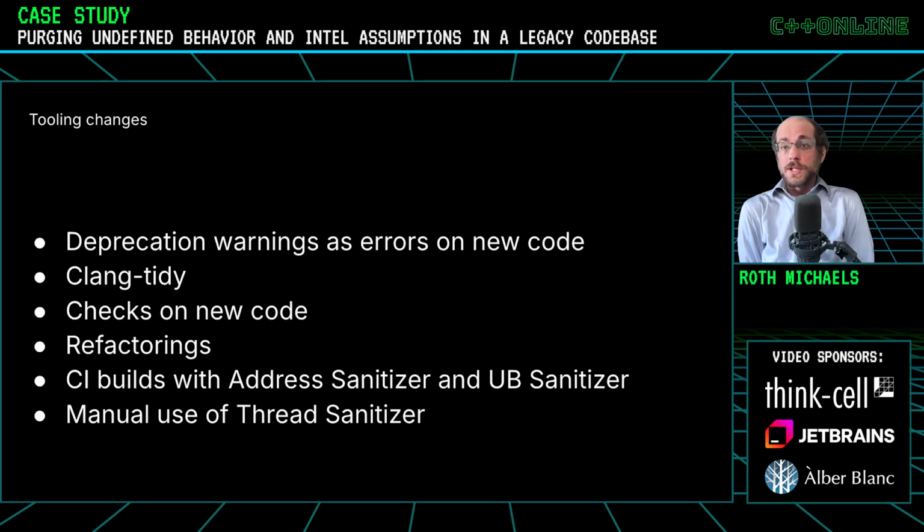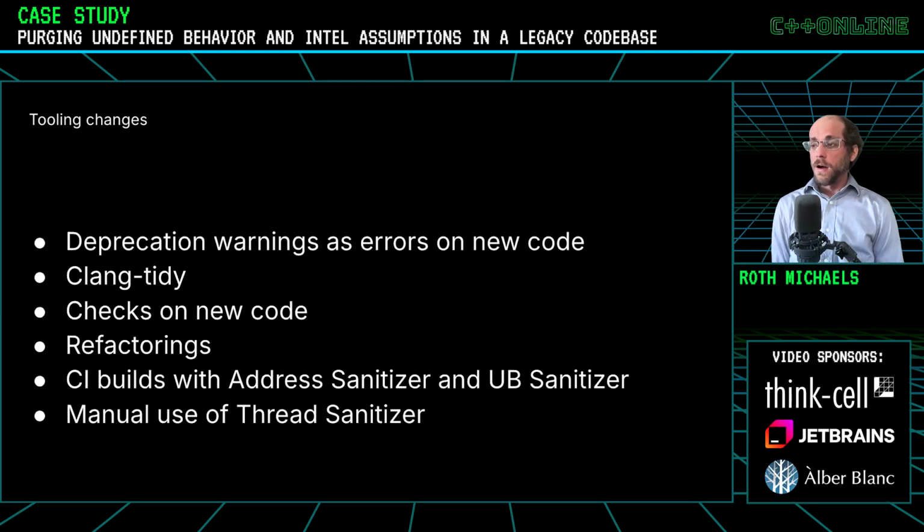And then we also made tooling changes to start addressing undefined behavior in our code base. An interesting one was sometimes we discover functions that would cause undefined behavior. So we put deprecation warnings on those and then have a system for making deprecation warnings errors on new code. We also are running clang-tidy on all new code and allowing some clang-tidy refactorings to work.